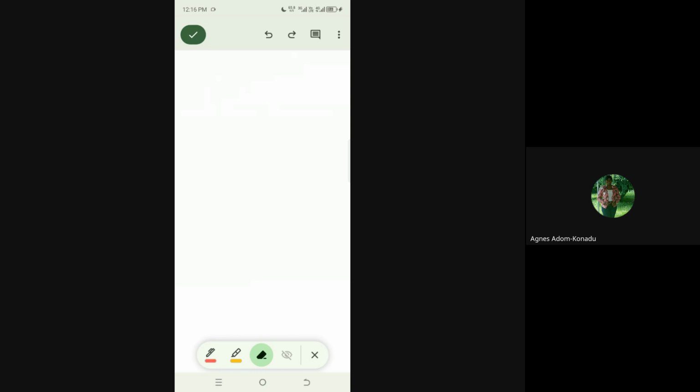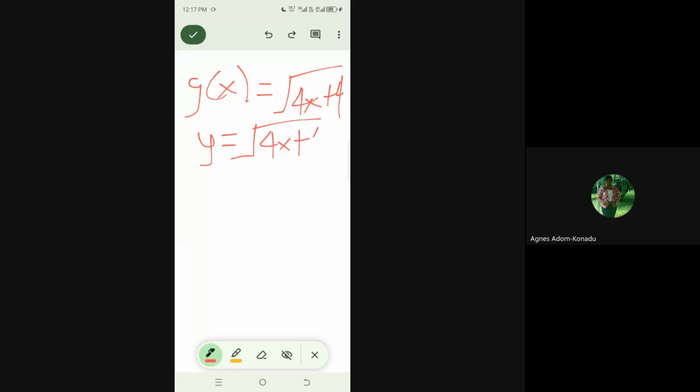Let's try to solve it quickly. We have g of x equal to the square root of 4x plus 4. You change to y equal to the square root of 4x plus 4. Then you interchange the x and y positions, so you get x equal to the square root of 4y plus 4.